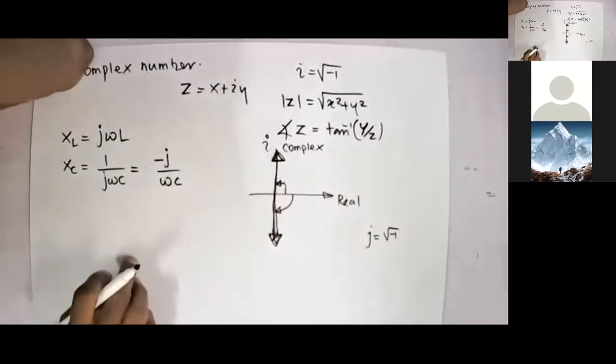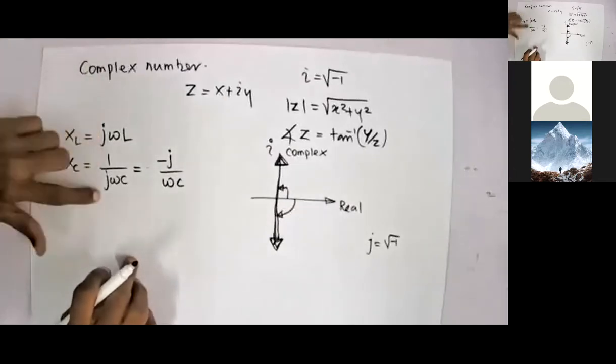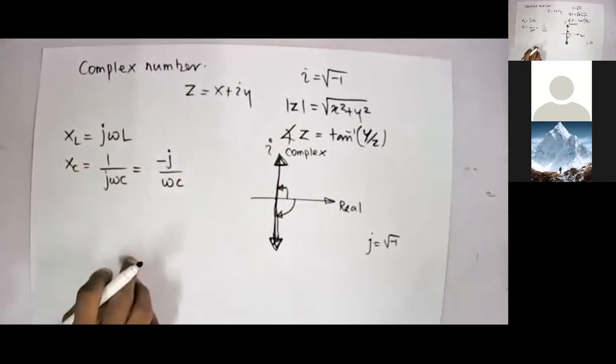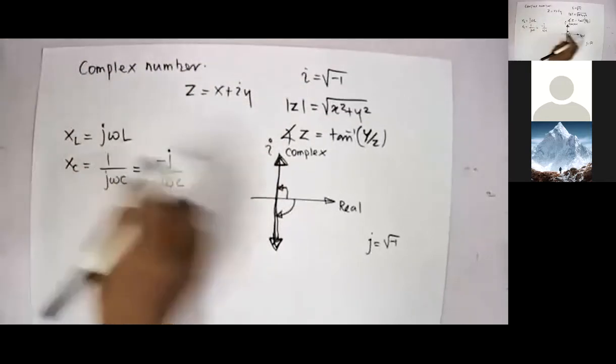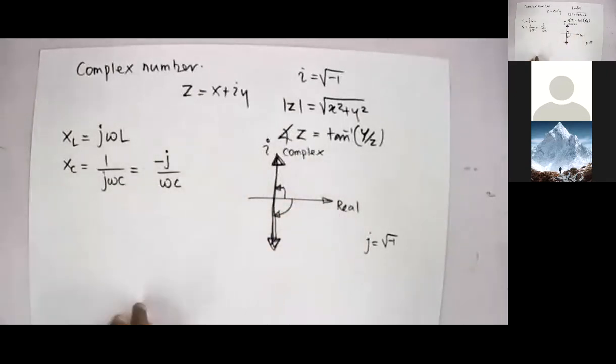So with this omega C, I am just adding this j to represent the phase angle. If it is plus j, that is plus 90; if it is minus j, that will be minus 90. So that's all about it.